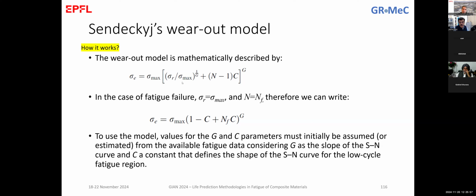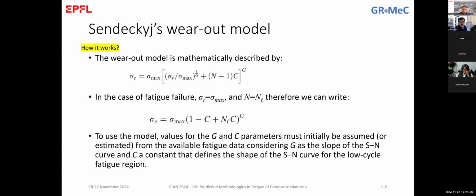To give an example, if you have a data point that failed in fatigue, it means that the residual strength is 0. And then automatically the equivalent static strength, sigma E, equals sigma max times 1. If you simplify this, it gives you this equation.